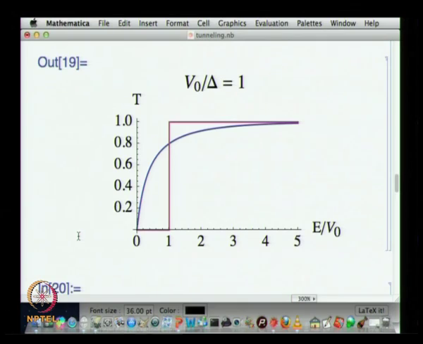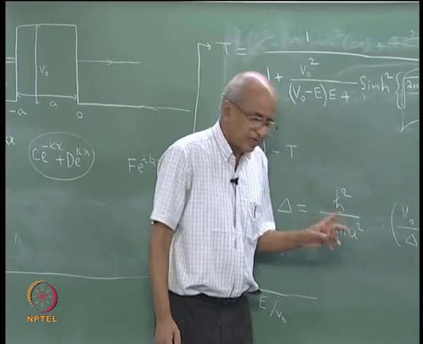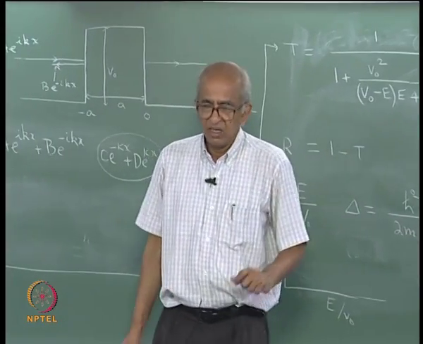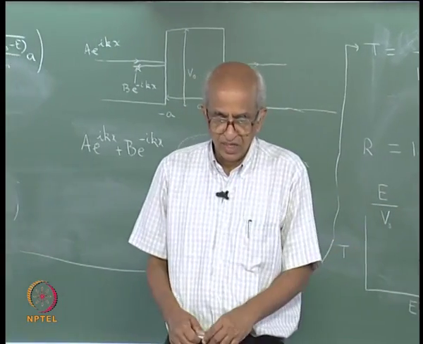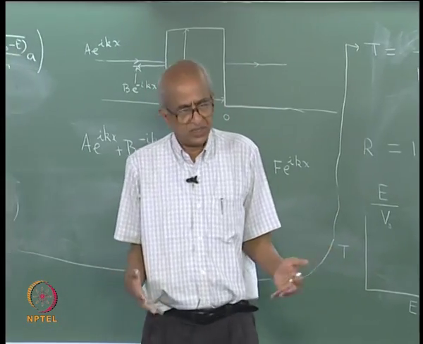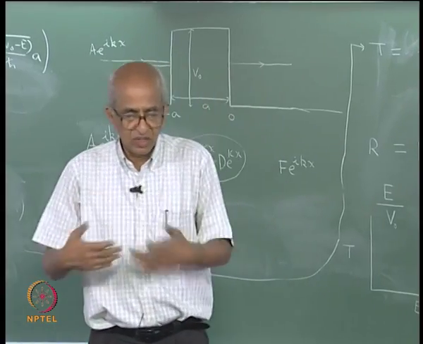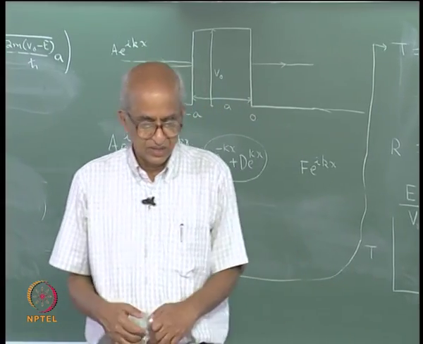This means that either the mass of the particle is very small, or maybe the width of the barrier is very small. In such a situation, if you plotted T against E by V0, you get this curve which shows that there is considerable probability that the particle will tunnel through, which is not surprising because it is a light particle, so it would go through the barrier as a wave and go to the other side.